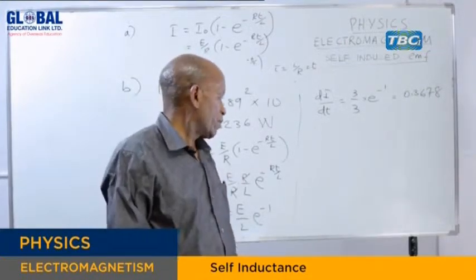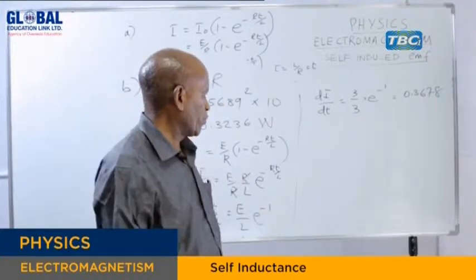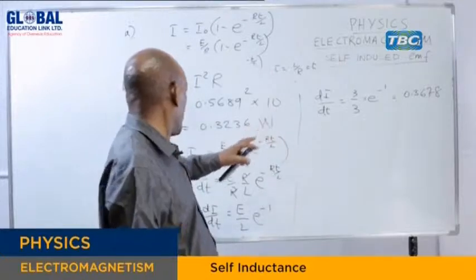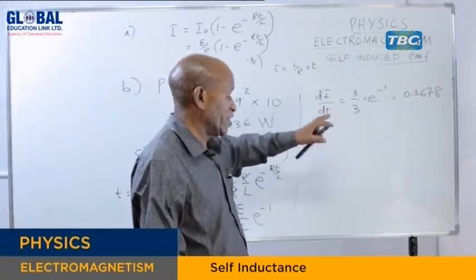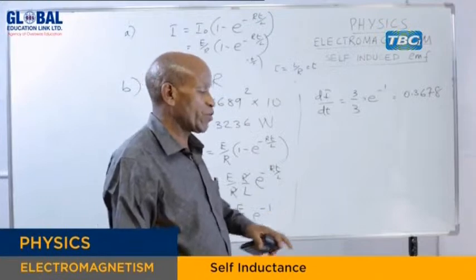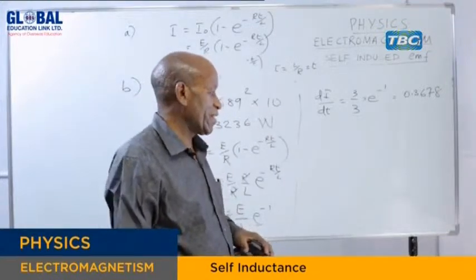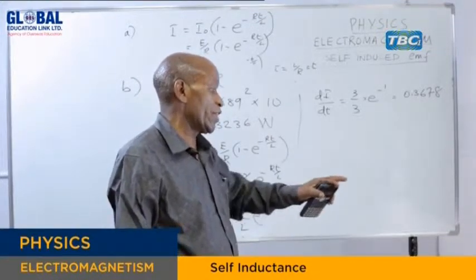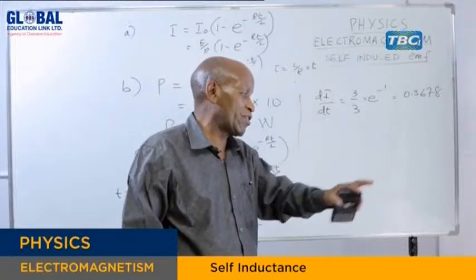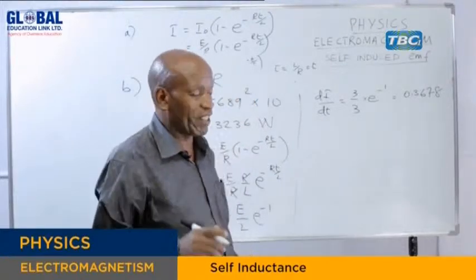Let us proceed with our part. We have just looked at di dt. Now this will help us to determine the rate at which the energy is being stored in the magnetic field of an inductor.